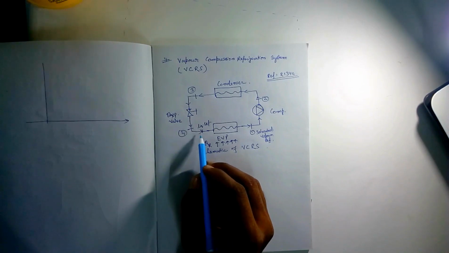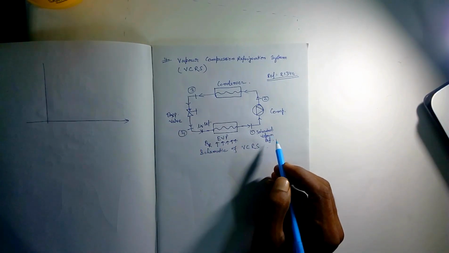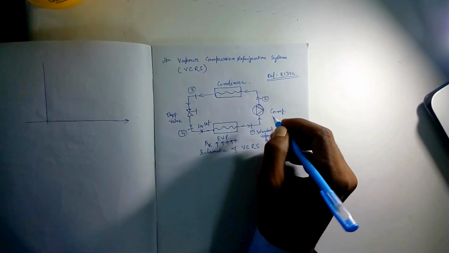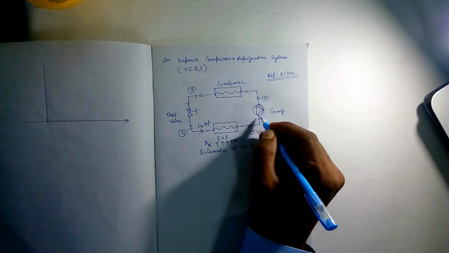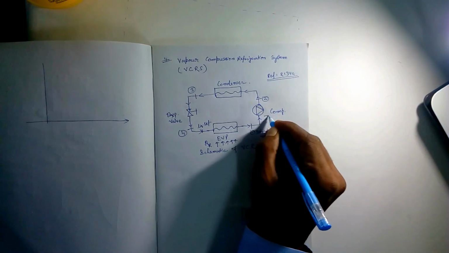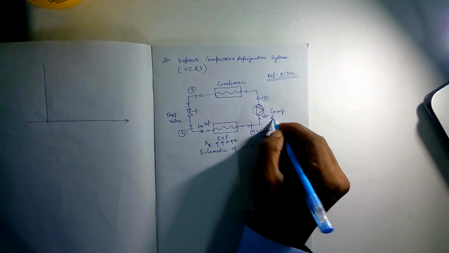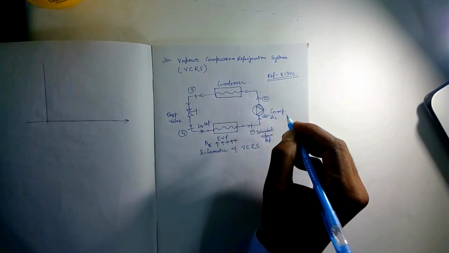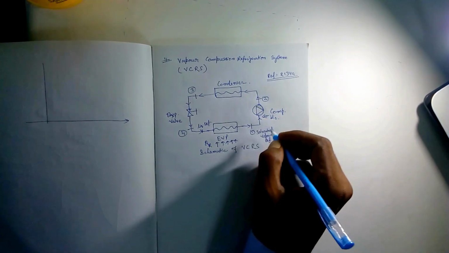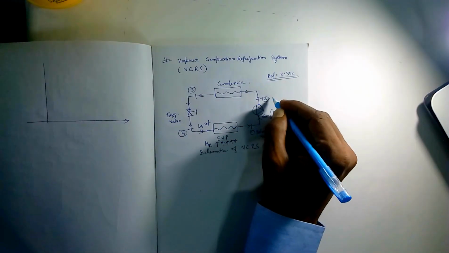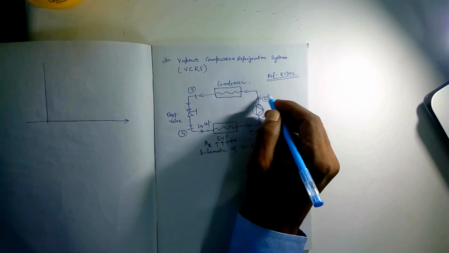Now this saturated vapor refrigerant is sent to the compressor, where the compression process takes place. We give work of compression to the compressor, and by this work, the saturated vapor refrigerant is compressed to such a pressure where the condensation process can take place in the condenser.